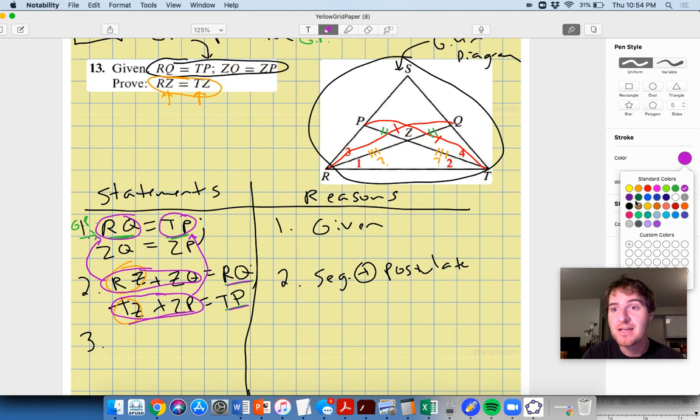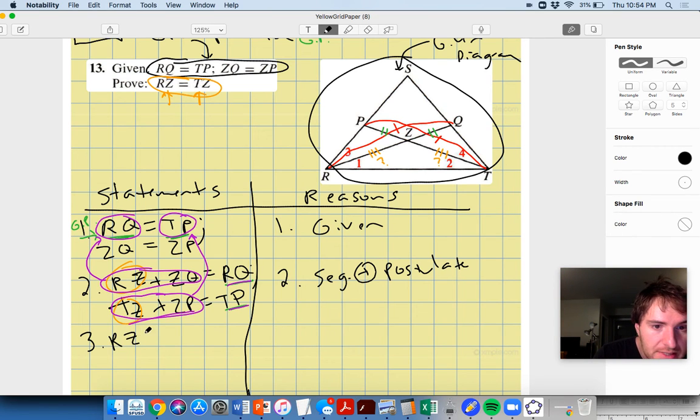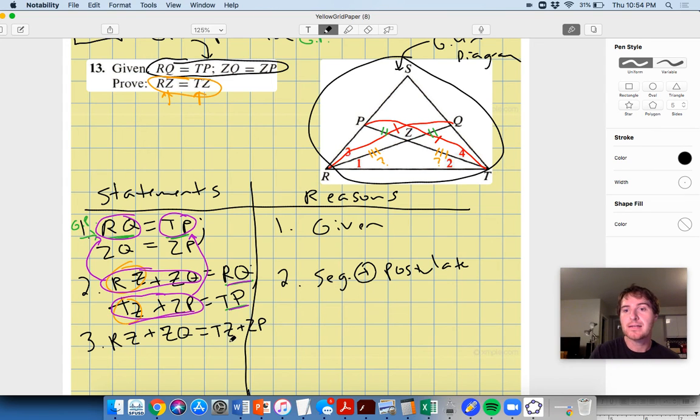And the nice thing about this, perhaps you see why this was important, is because of this: if I do this, RZ plus ZQ equals TZ plus ZP. Please go back and rewatch the video if you're not seeing how that connects, because it's a lot. I got excited there for a second.